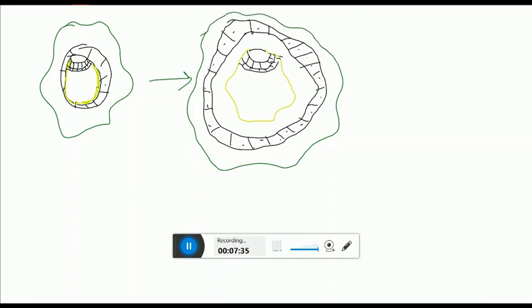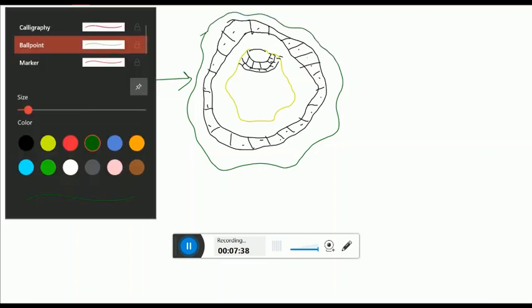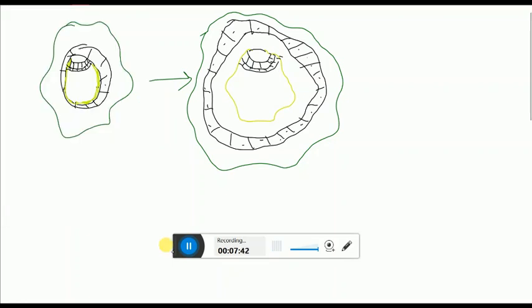So, see what's happening here. These trophoblast cells have divided and occupied a space between this extracelomic membrane and cytotrophoblast.